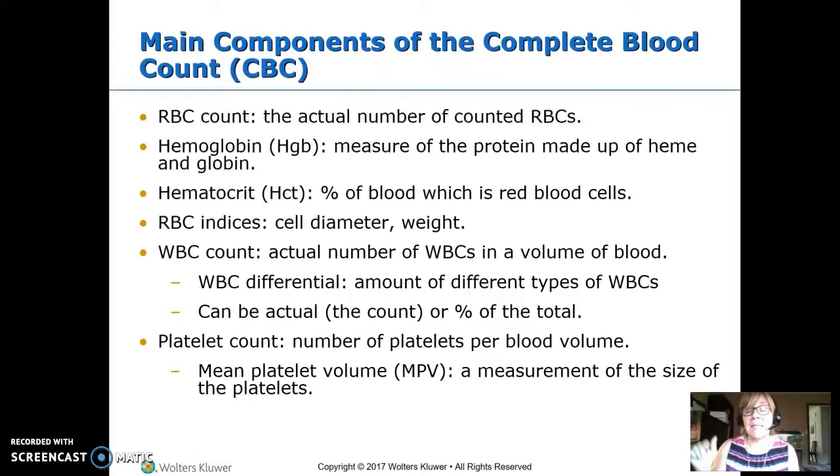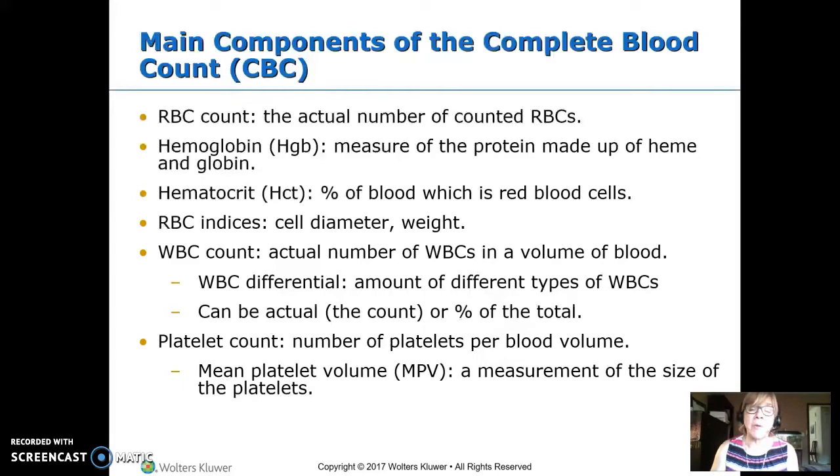So however many cells there were, we make it a percent, which means out of 100. So if there were 100, there would be 50 neutrophils, 17 lymphocytes, and so on. So when it says a percentage, it has to add up to 100. So if one's low, another one's high, right?